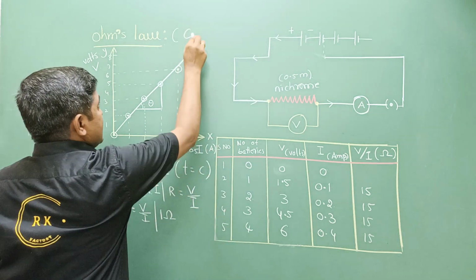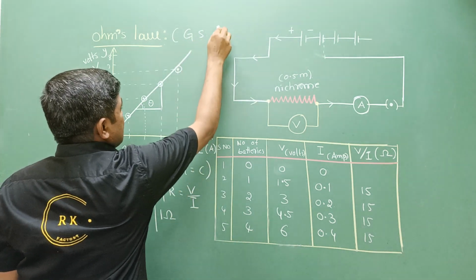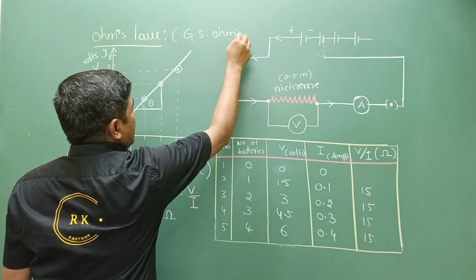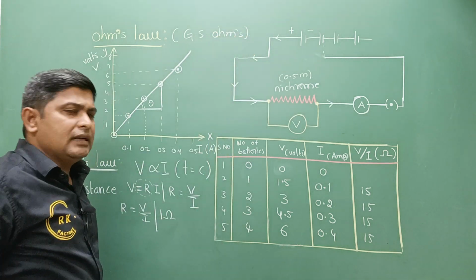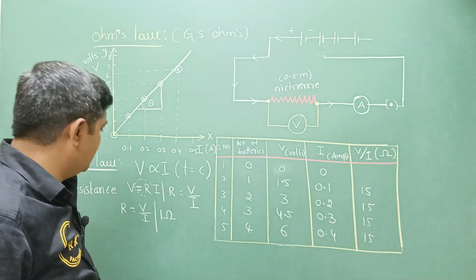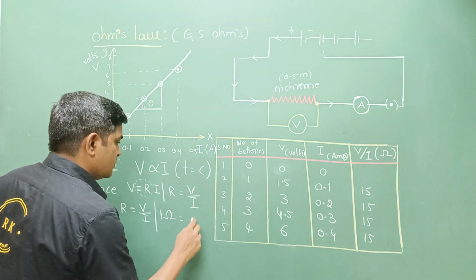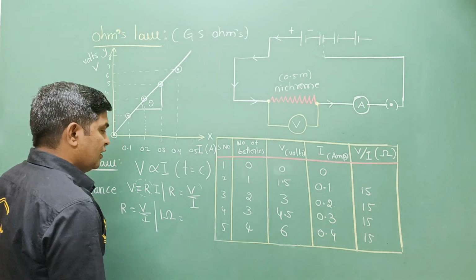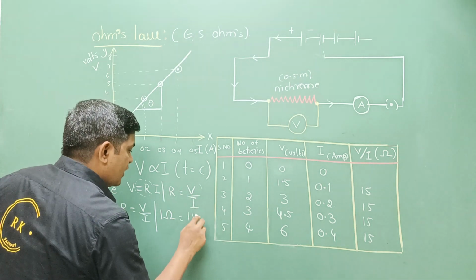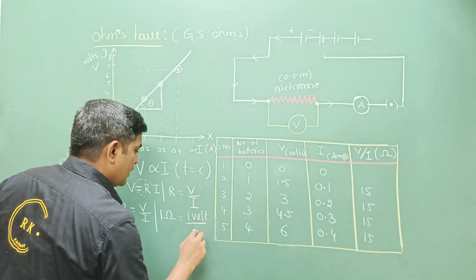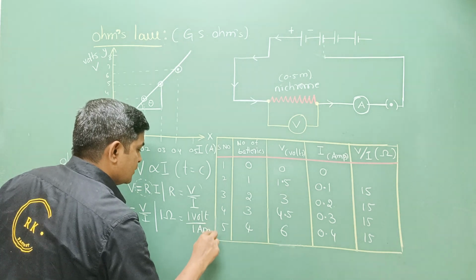So in honor of him, it was given the name ohm. 1 ohm equals what is the unit of potential difference? Volt. 1 volt per 1 ampere.